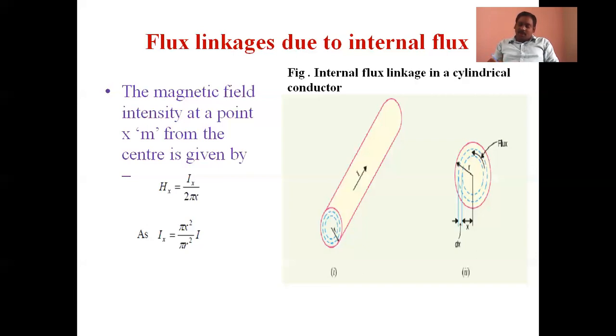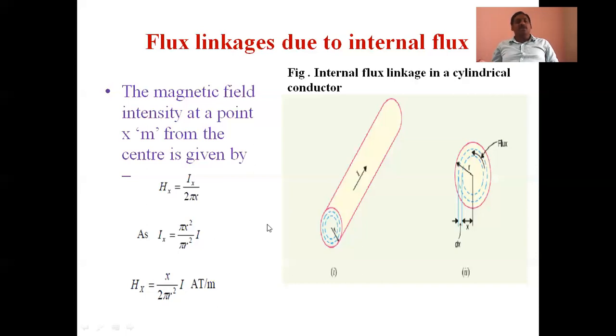Then finally, x by 2 pi r square into I, ampere turn per meter. Ampere turn per meter is the unit for magnetic field intensity. So finally Hx is equal to x by 2 pi r square into I, ampere turn per meter.